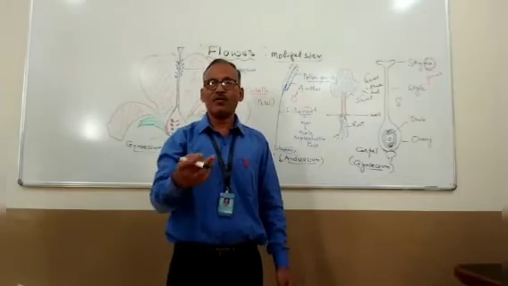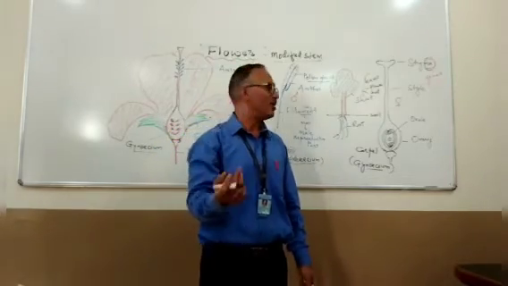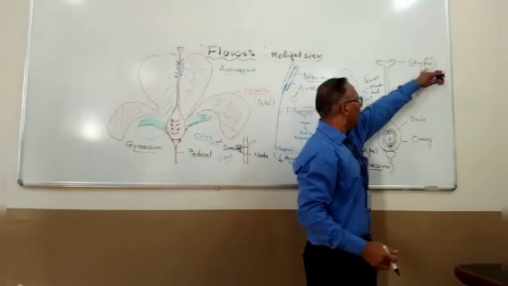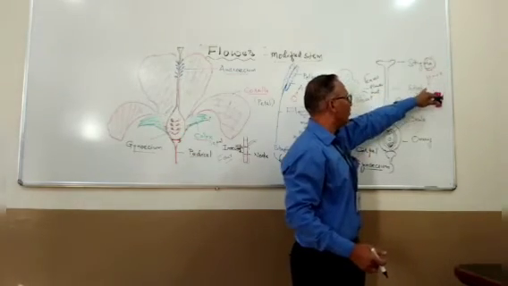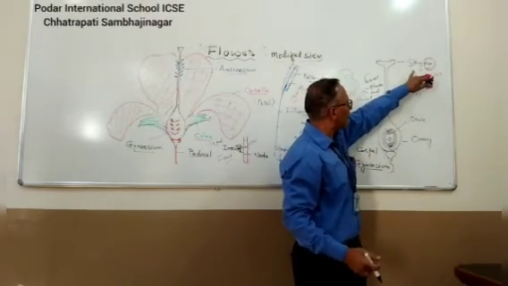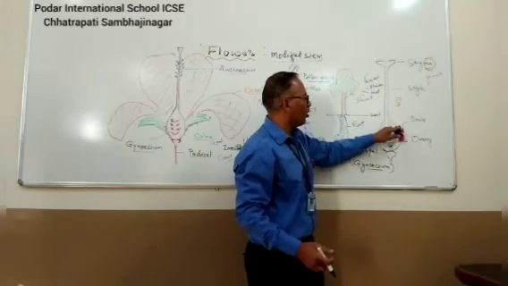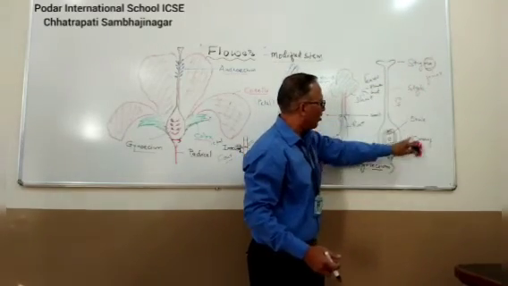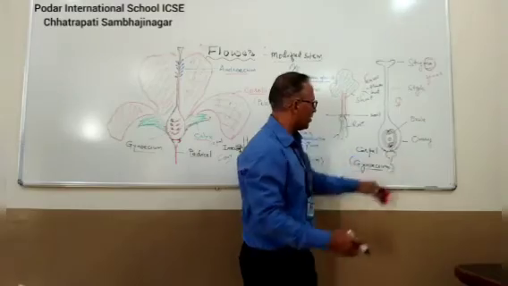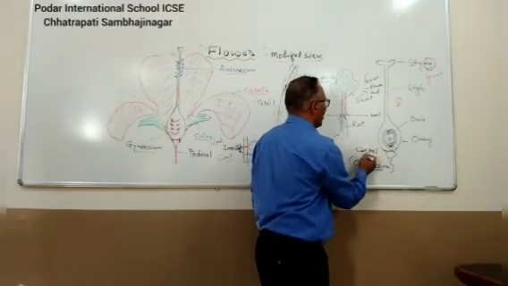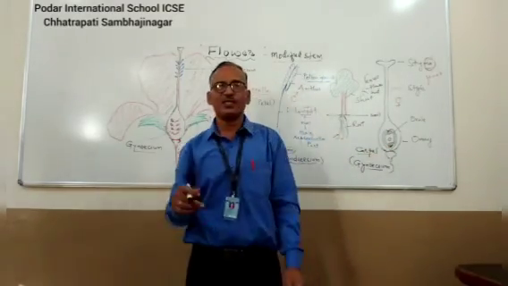Ma means what? That everyone knows. We should respect our mother. So in this case, ma means it's the female part. The stigma is a part of the female reproductive system. Style, ovary, ovule inside this one. So all this represents the carpel, or you may consider the pistil.